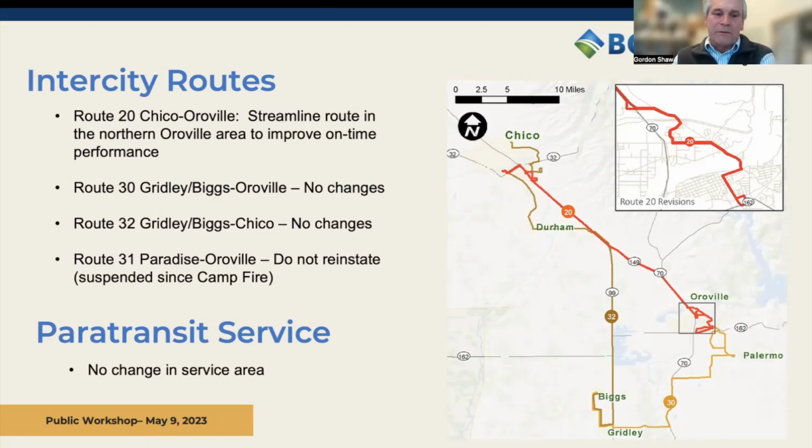We're already going 3 miles out, but we also could, with reducing the fixed routes, reduce the size of the paratransit service area. And we don't want to do that either. That should not be part of the plan. So essentially, as you look at these maps, we're keeping the paratransit service area the same. So with that, Katie, let's go back to our last poll.